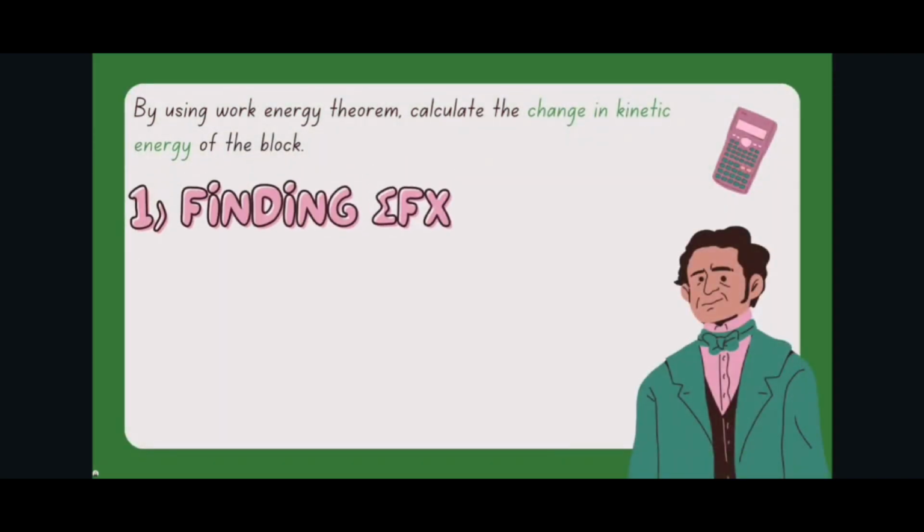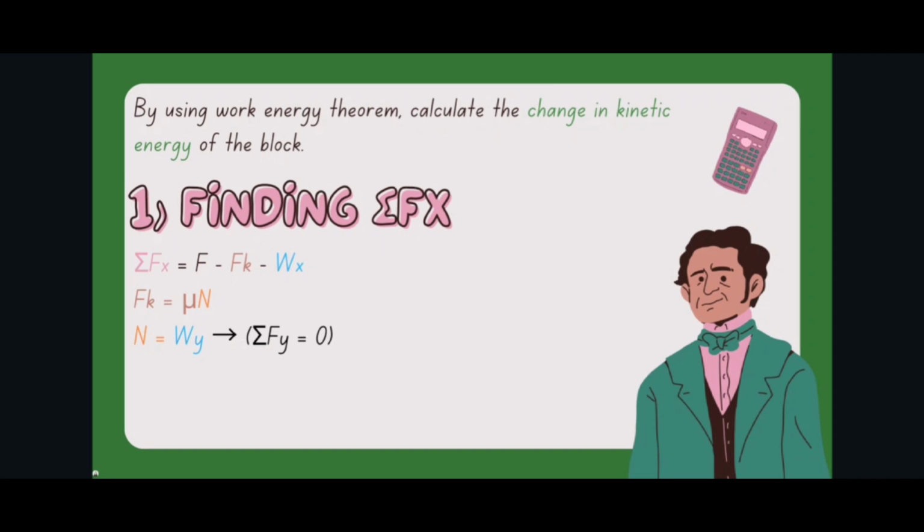The first step for us to tackle this question is to find the summation of Fx. To do so, we write down the equation of summation of Fx, which is equal to F minus kinetic friction minus Wx. To find the kinetic friction, we use the formula mu times normal force. And to those who are wondering how to find the normal force, we could use the summation of Fy. In this question, the summation of Fy is equal to 0, and thus the normal force plus the negative of Wy is equal to 0.